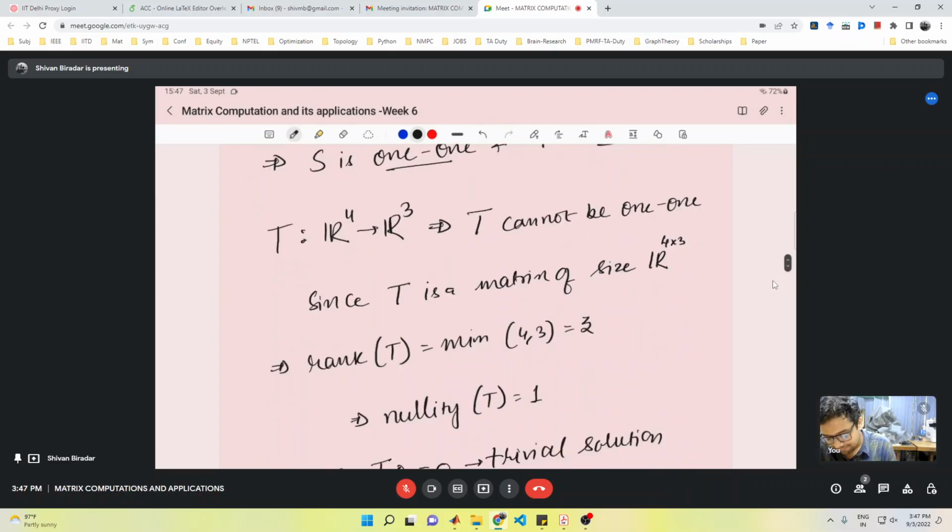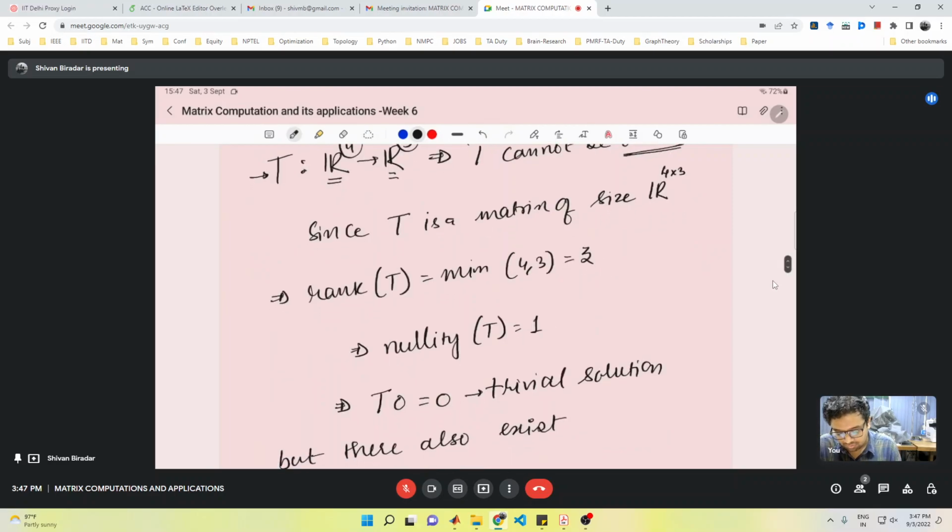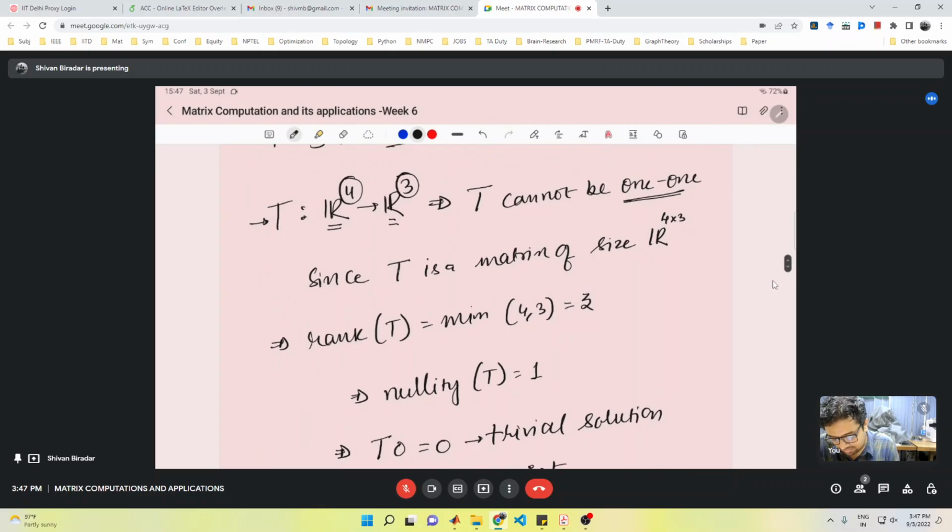Now we know that T is a transformation which takes a vector in R4 to R3. Just by seeing the dimensions, we can say that T is not a one-one transformation. How is this done? Let us say that A is a matrix belonging to transformation T, which is of size 3 cross 4.